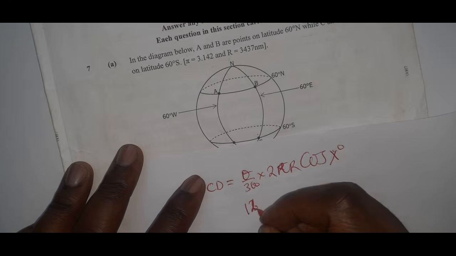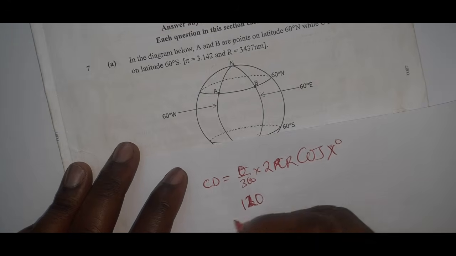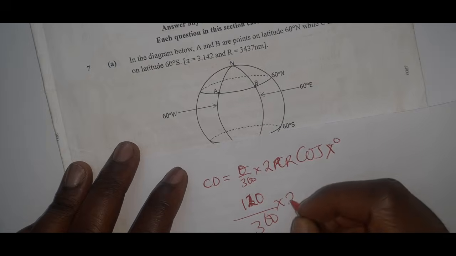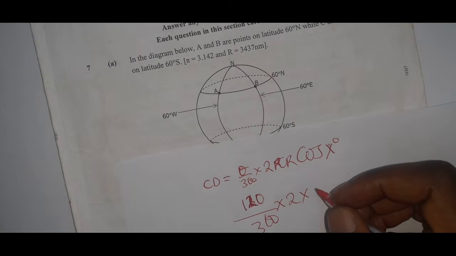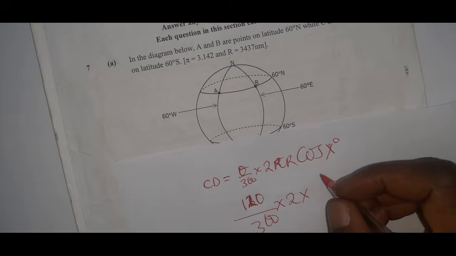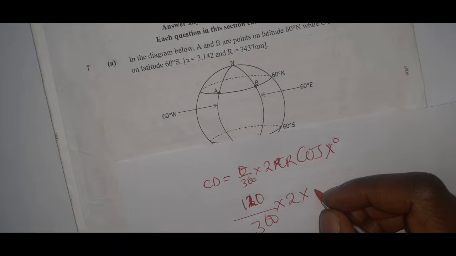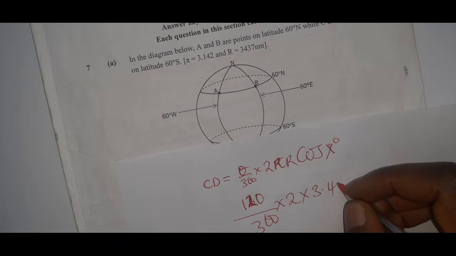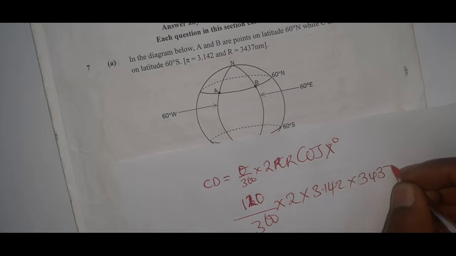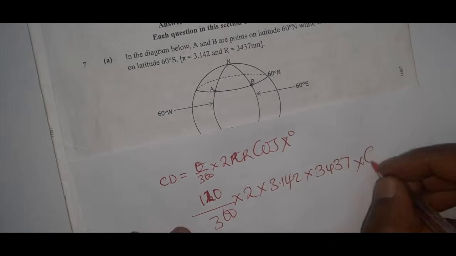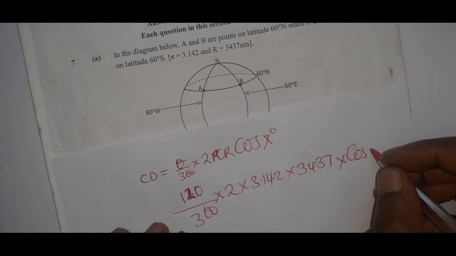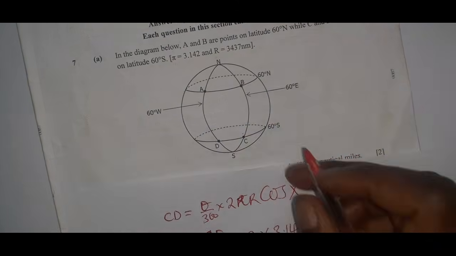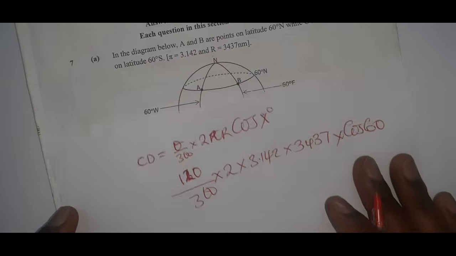We have to add these two again. They'll give us 120 over 360 multiplied by 2 multiplied by 3.142 multiplied by 3437 multiplied by cos 60, the latitude here.